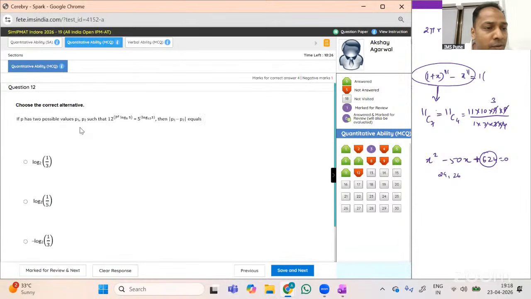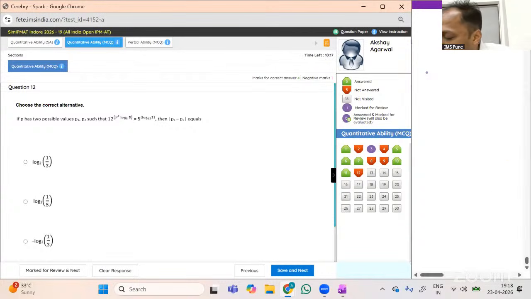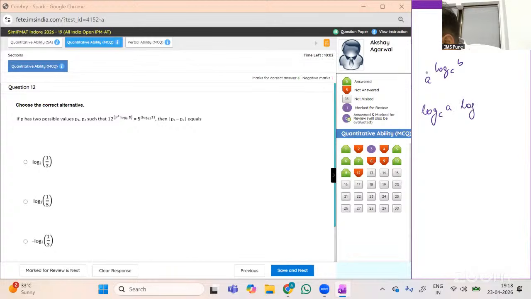If p has two possible values, p1, p2, such that this is this. I think I should have known this property. What is the property? Log of b to the base c. If I take log to the base c on both the sides, log of c to the base a to the base c into log of b to the base c, this becomes... I want to convert it to another base maybe.